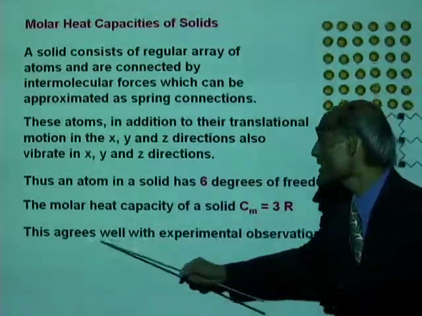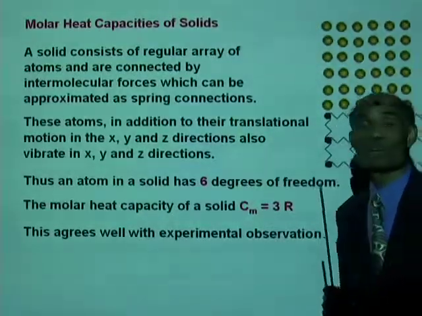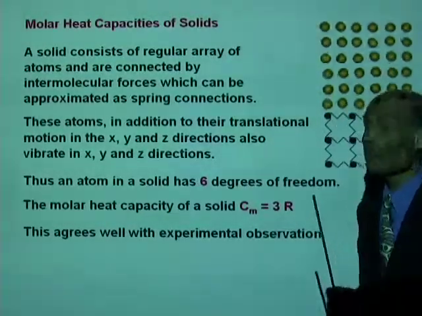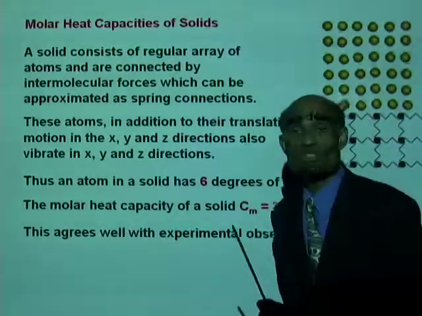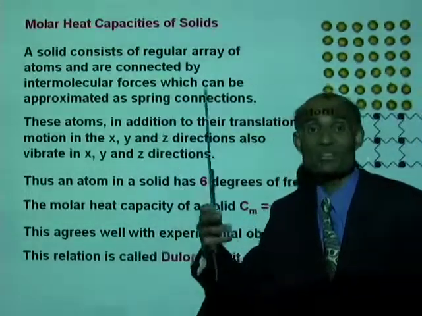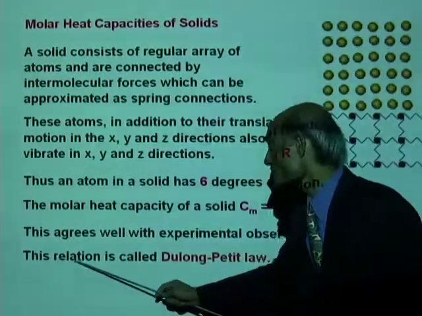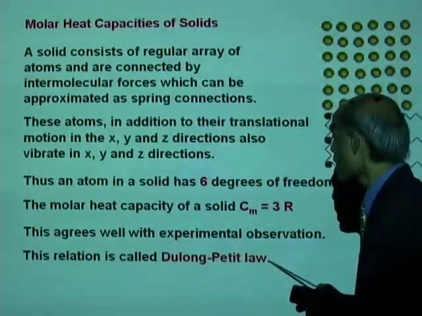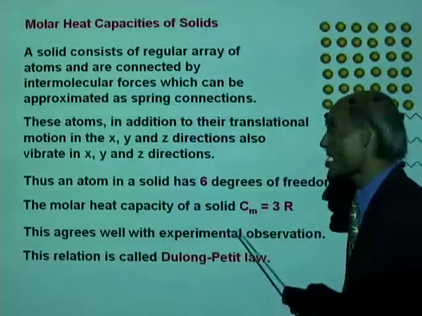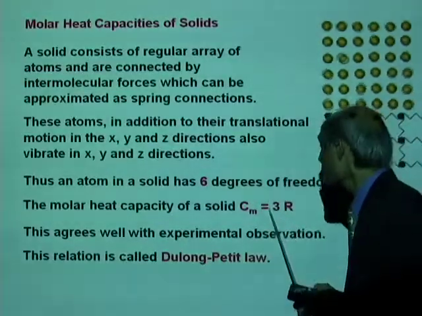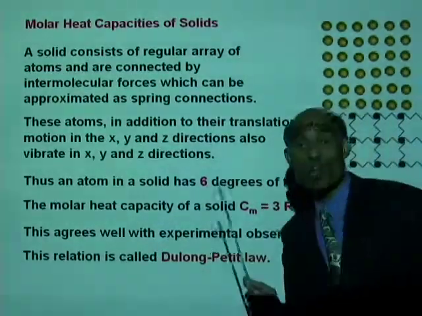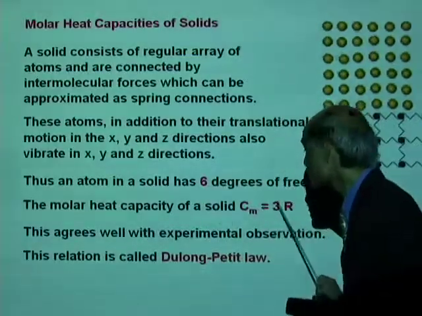Well, this agrees well with experimental observations. That means all our theoretical considerations have been verified experimentally, and we are on good grounds. This relation is actually called the Dulong-Petit law, that the molar heat capacity for all solids is 3R.